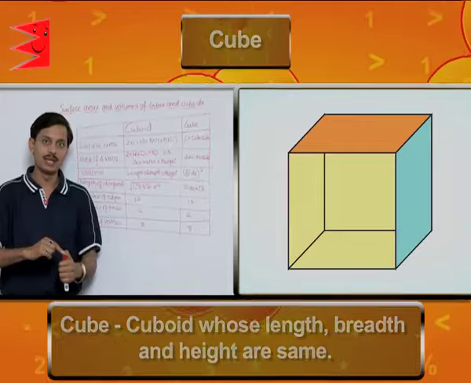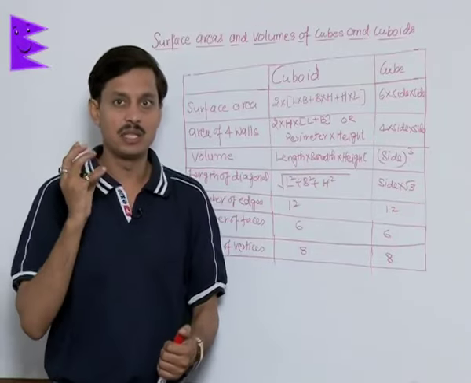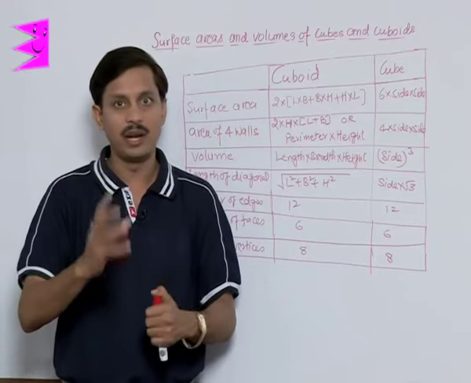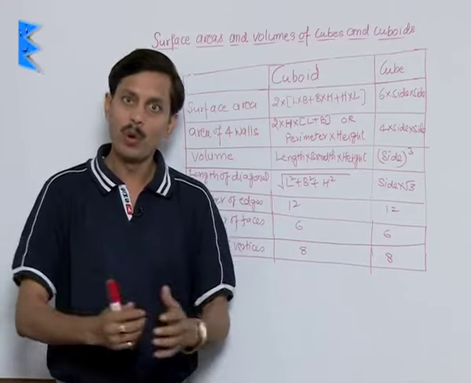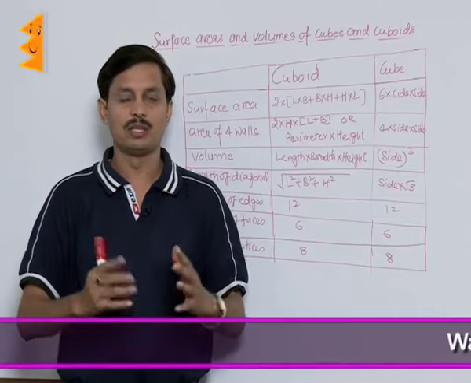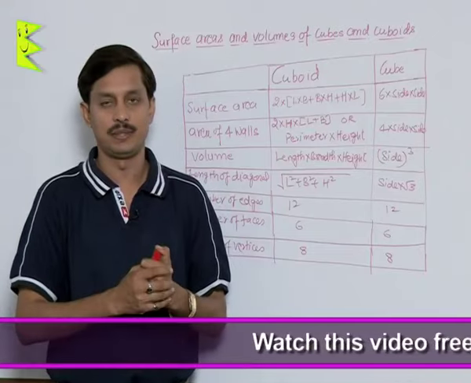Now the question is how we find the surface areas and volumes of a cube and cuboid. Before that, I want to tell you, a cuboid or cube is made up of 6 rectangular surfaces.